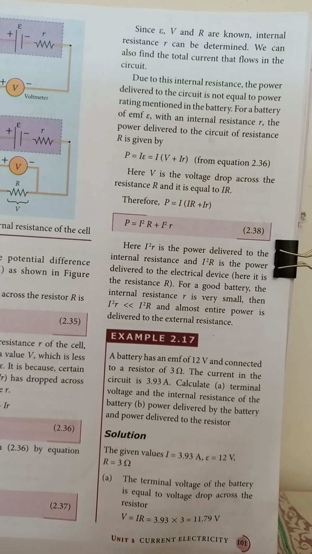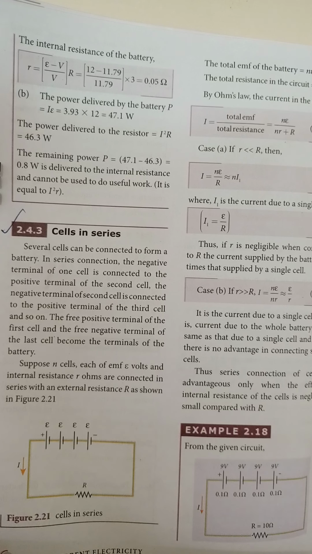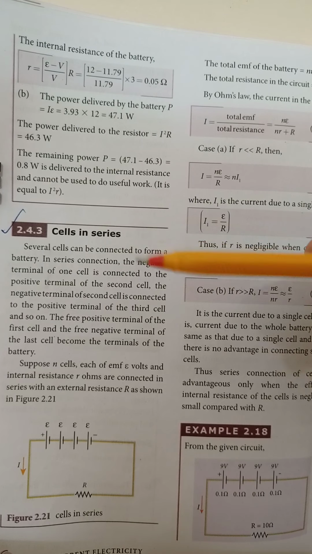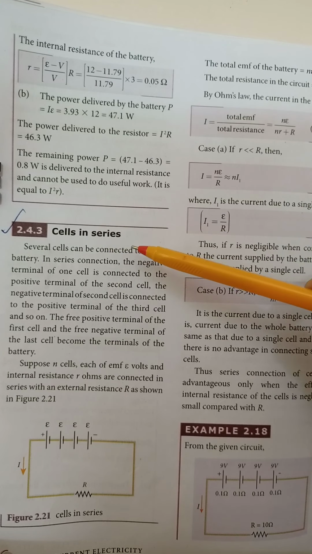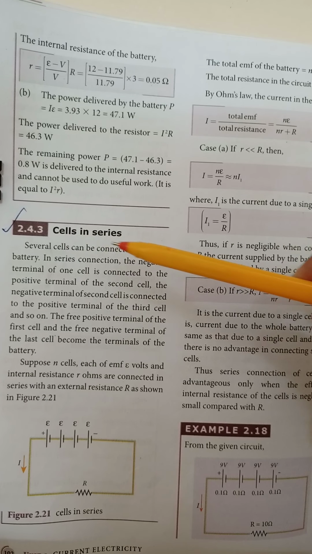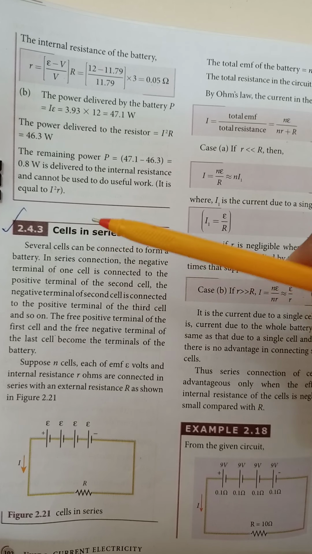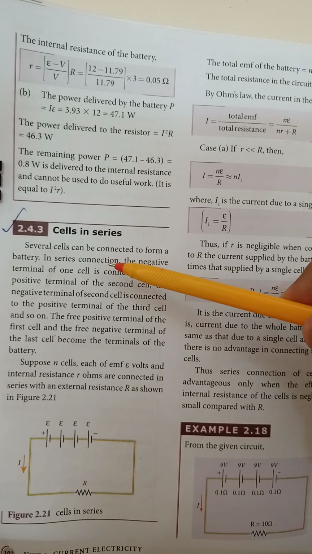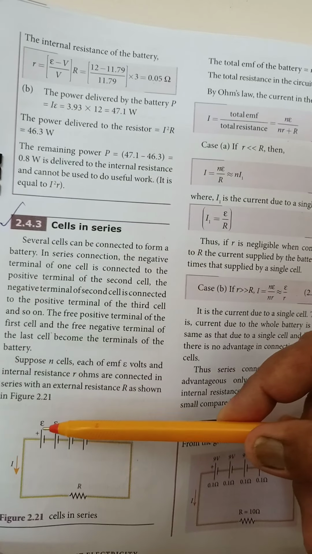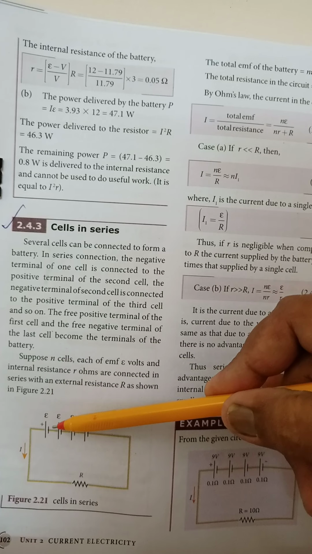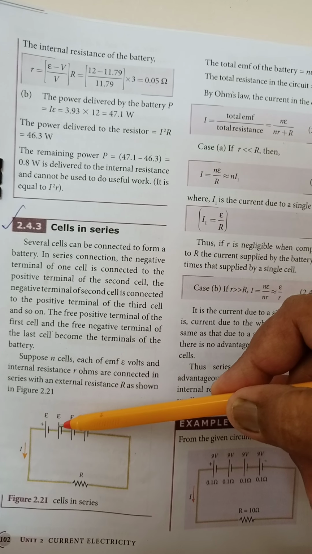Now we can see the connection of cells in series and parallel. First of all, cells in series. Several cells can be connected to form a battery. If a number of cells are connected in series, as you see in this figure, the negative terminal of the first cell is connected to the positive terminal of the second cell.